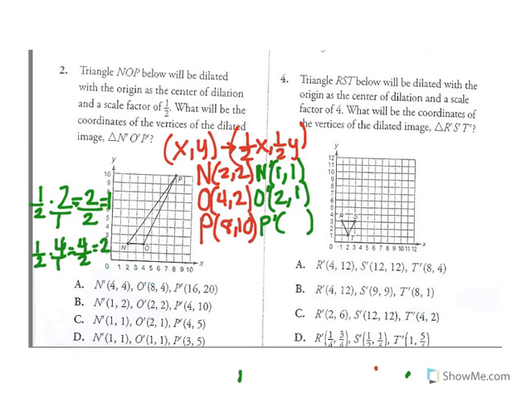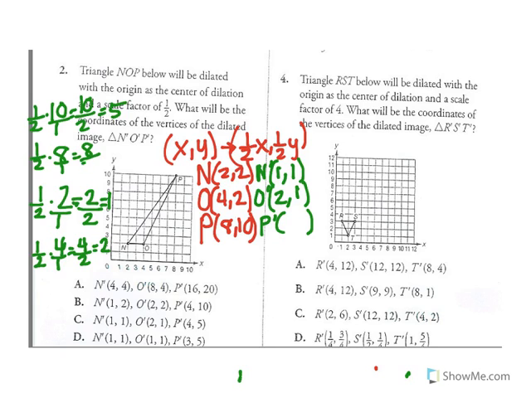And then P prime, we're going to do 1/2 times 8 and 1/2 times 10. So we're going to put a 1 underneath these and just multiply across. So 8 over 2 equals 4, and 10 over 2 equals 5.